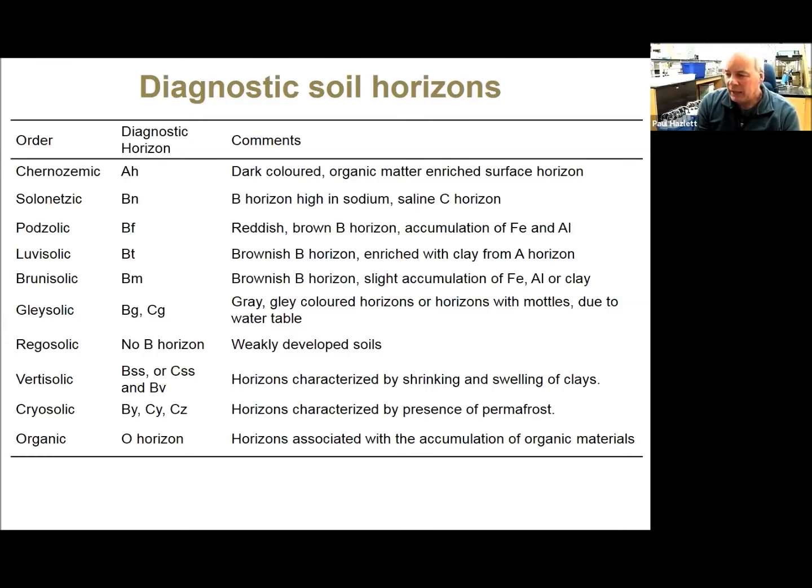So just as an example of the first one, Chernozemic soils are grassland soils in the Canadian prairies, and their diagnostic horizon is an A horizon with a subscript H, and the H stands for humus in this case.